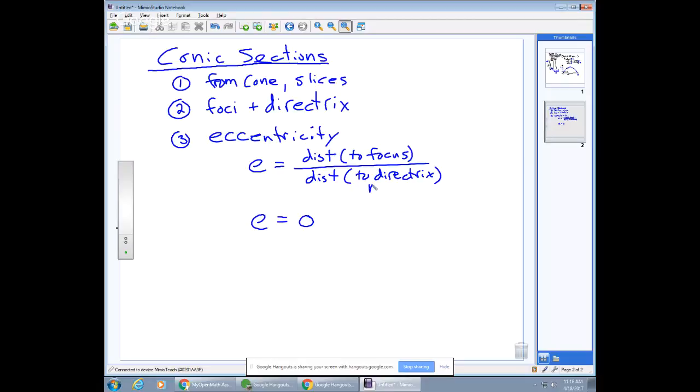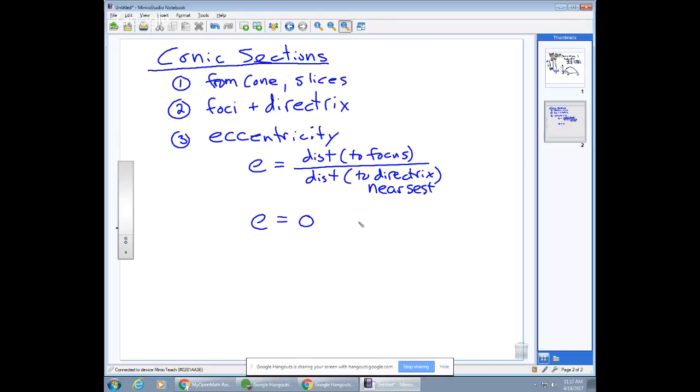It's definitely got to be the nearest directrix, because there can be more than one. My notes are kind of messy here. Oh, that's right. Okay.